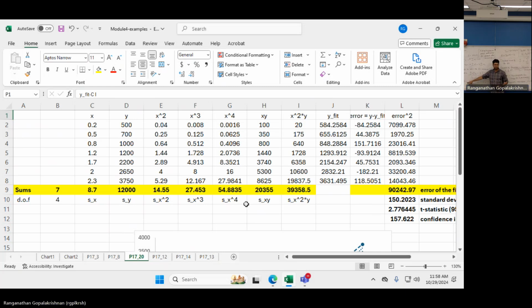This definitely is not coming on the exam, but I just wanted to make that mention that your slope and intercept also have uncertainties, which you can calculate if you care to, and it can easily be looked at.